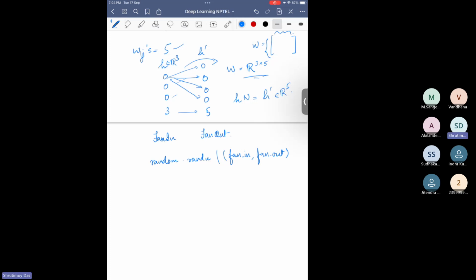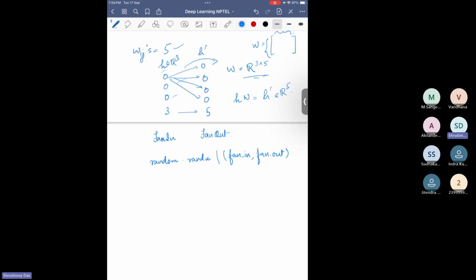In the lectures you can go back and see, we want the variance to be 1, because otherwise you have the problem of exploding activations. Exploding means that as we increase the number of layers, the values of the activations, the h sizes, may become very large, because you are just accumulating values one after the other.